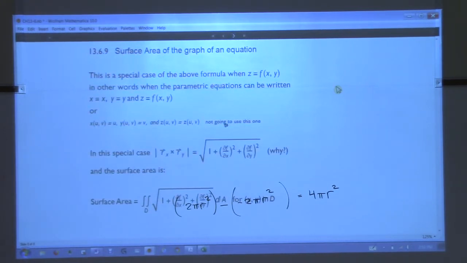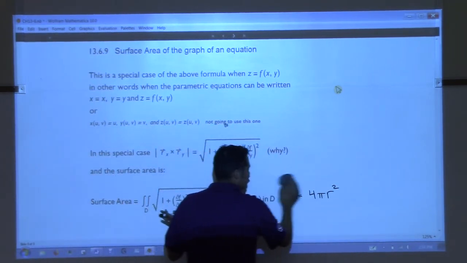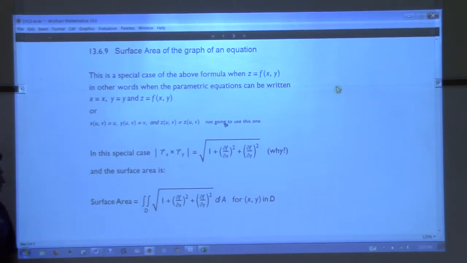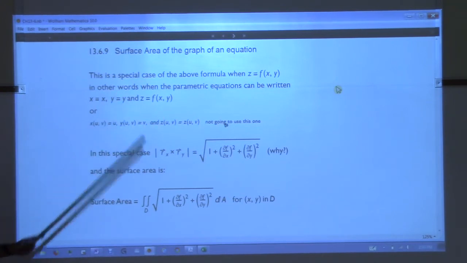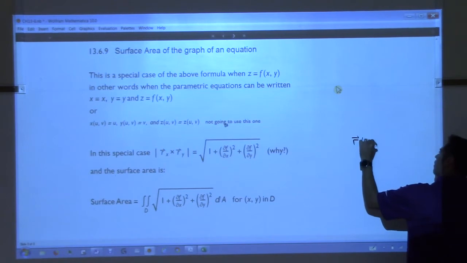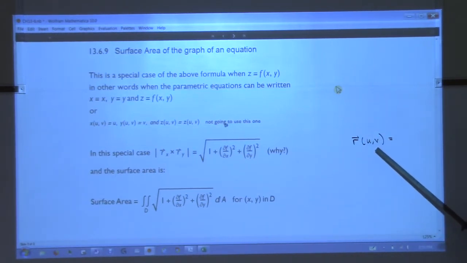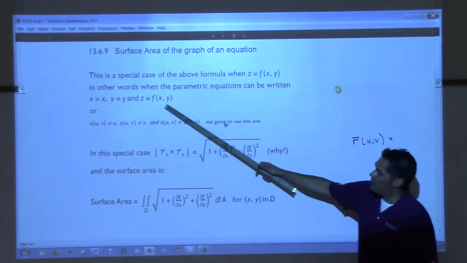All right, we have a special case, a special formula. And this formula can only be used when the surface you're looking at, that r of u,v, can be written in a way that its parametric equations look like this.